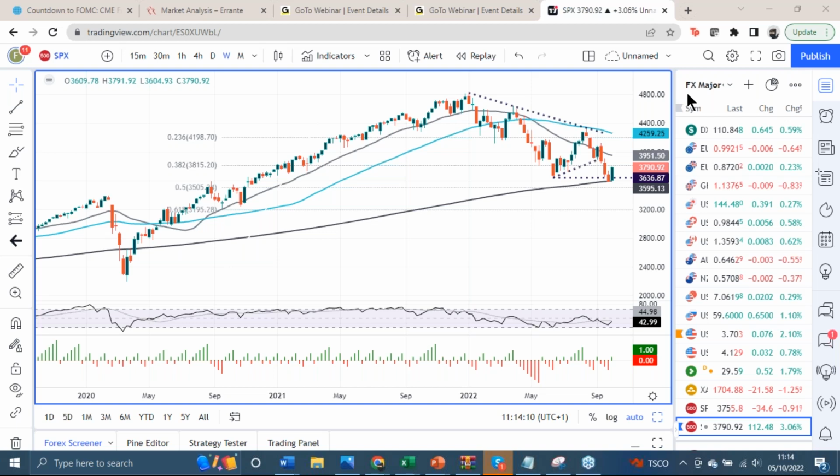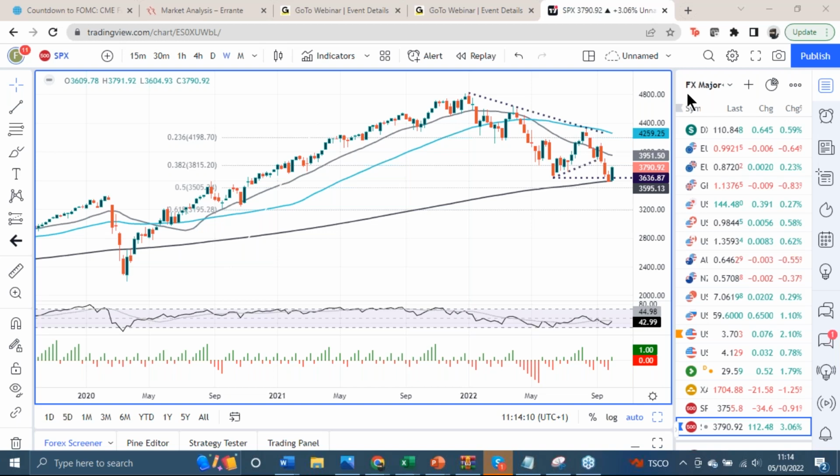In the last couple of days, the S&P has enjoyed a bounce of 5.7%, the biggest two-day rally since March 2020, since the pandemic. So a really big rally. Below here, we have highlighted the halfway point of the pandemic low up to the all-time high.